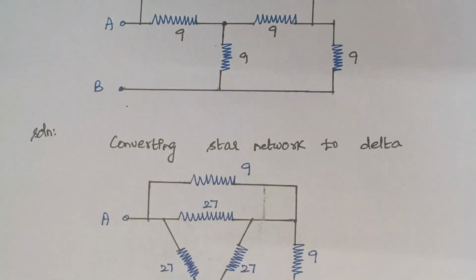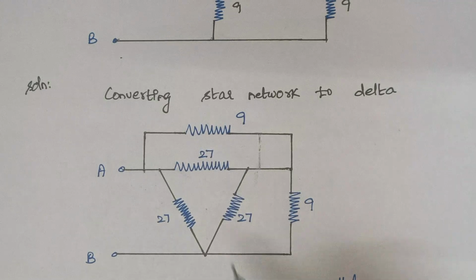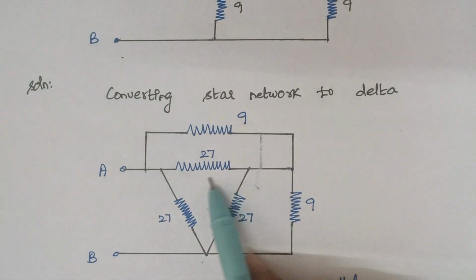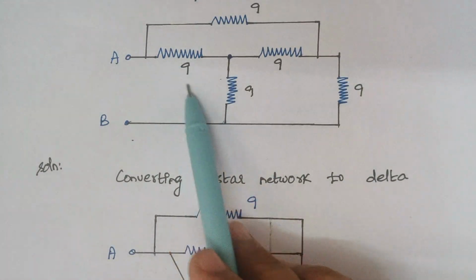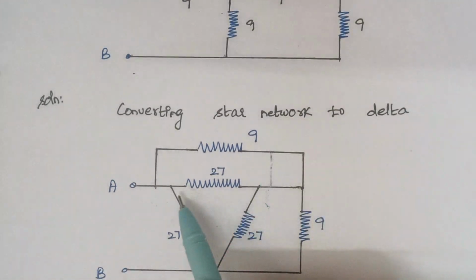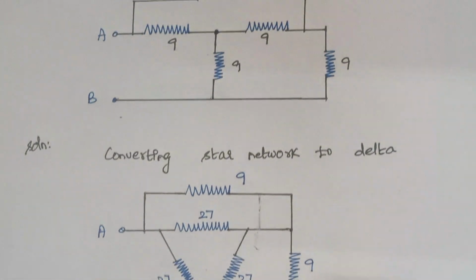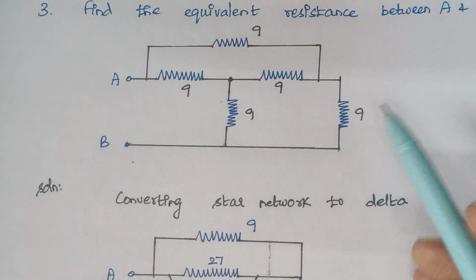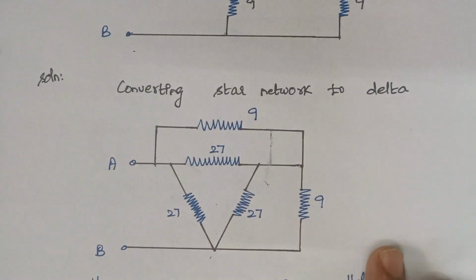So when you convert the star to delta, you see our diagram gets modified like this. That is, these 3 resistors are replaced by these 3 resistors in this arrangement, and this 9 ohm and this 9 ohm are present as such, right? 9 and 9. So how to convert this?